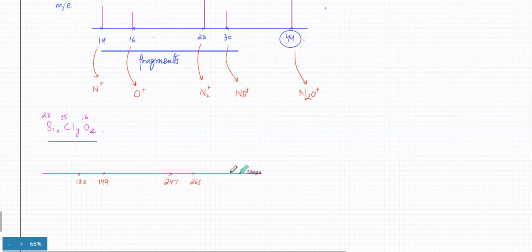And finally you have a detection at, let me use a calculator, it's going to be 263 plus the next detection at 396. That's the final detection.